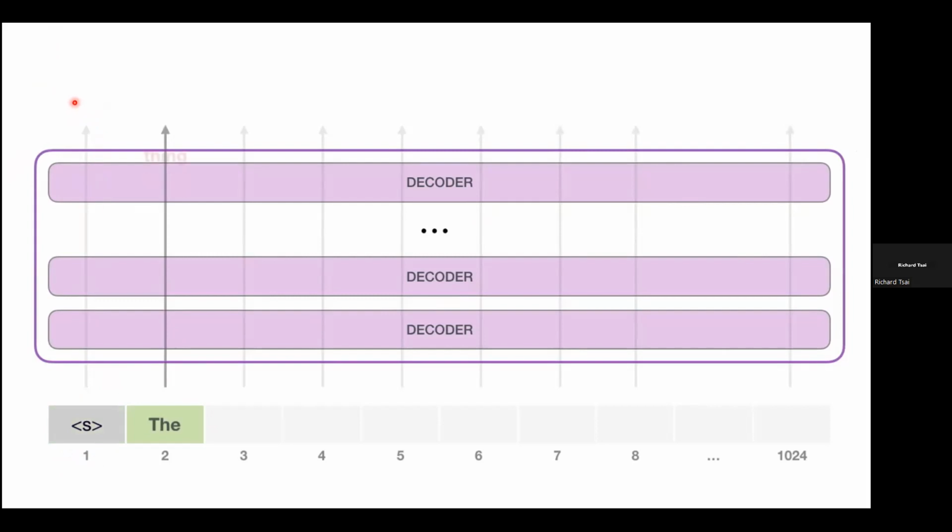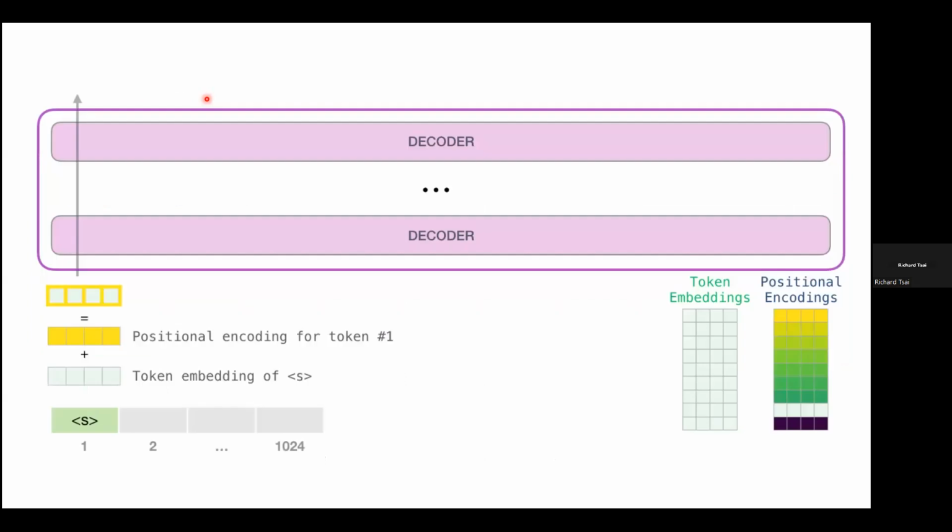The first token, "the," that GPT-2 generates quickly becomes the second token in the input. Then GPT-2 proceeds to generate the next token, which is "seen." To obtain the embedding for each token in GPT, it follows these steps. First, GPT starts by fetching the token's embedding from its dictionary of token embeddings.